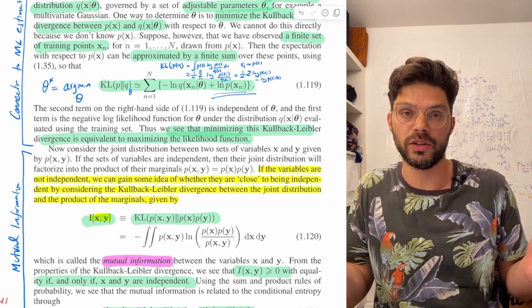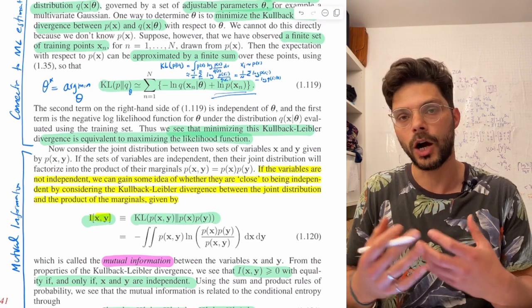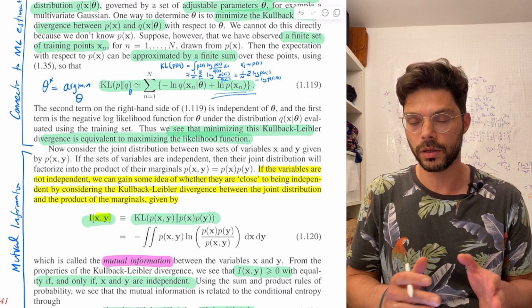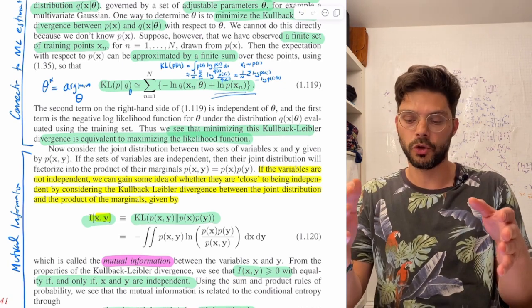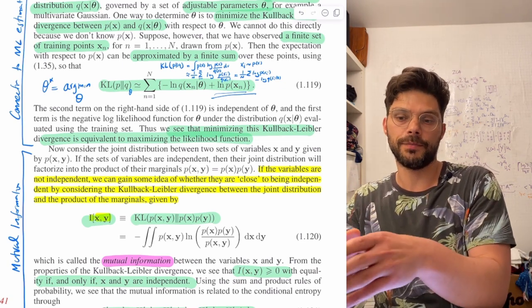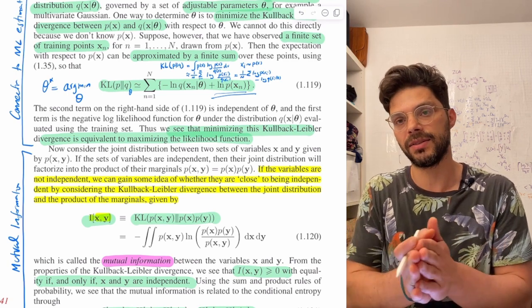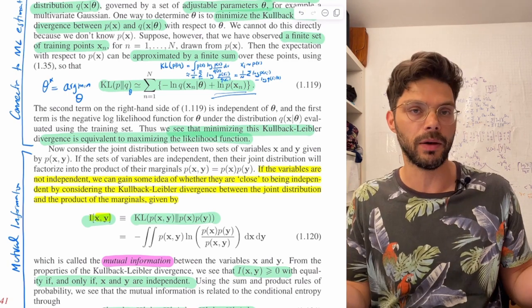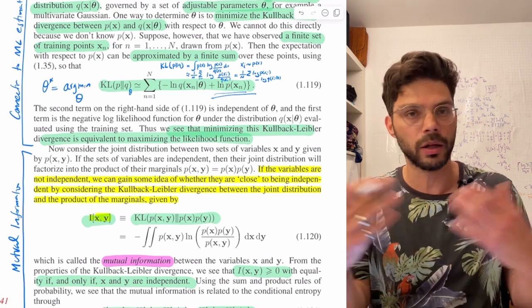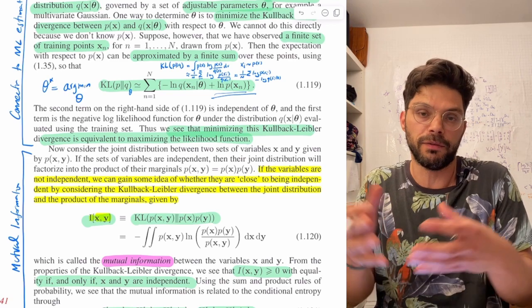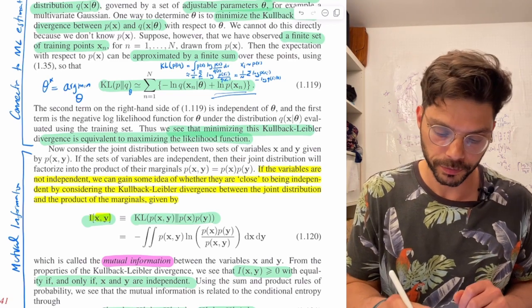And so then our notion of relationship can just be the KL divergence between the joint distribution and the joint distribution when we assume independence. If that is non-zero, that means they must be dependent somehow. And this will capture all kinds of dependence, not just linear dependence, but any kind of dependence, because we're looking at the full joint distribution.